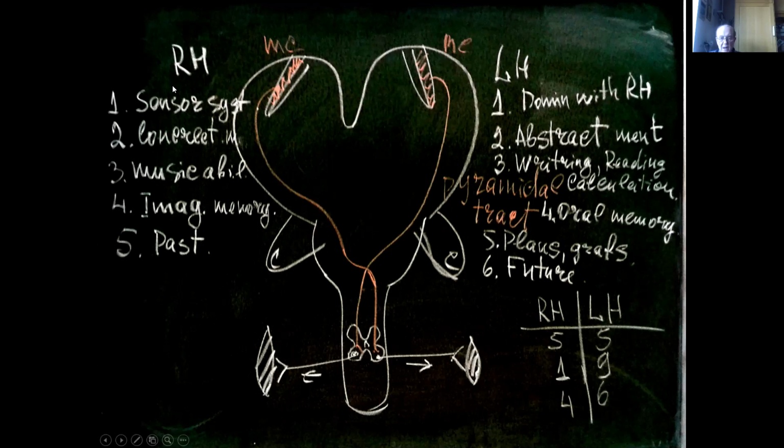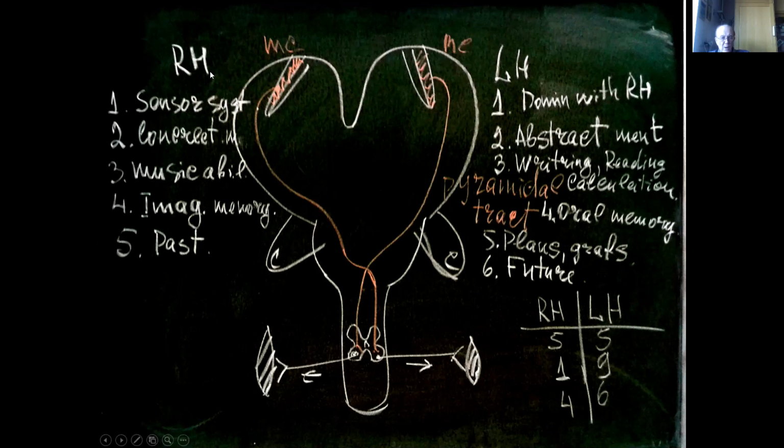The right hemisphere helps to understand the position of the person in the surroundings, and it helps to understand where is the washing room, where is the classroom, where is the physiology or anatomy building, and so on.